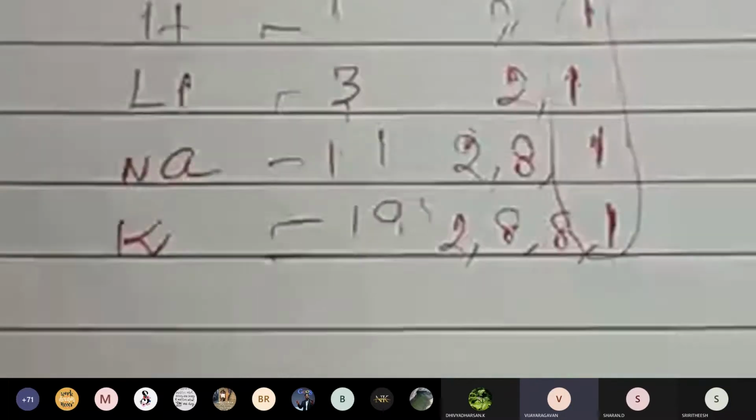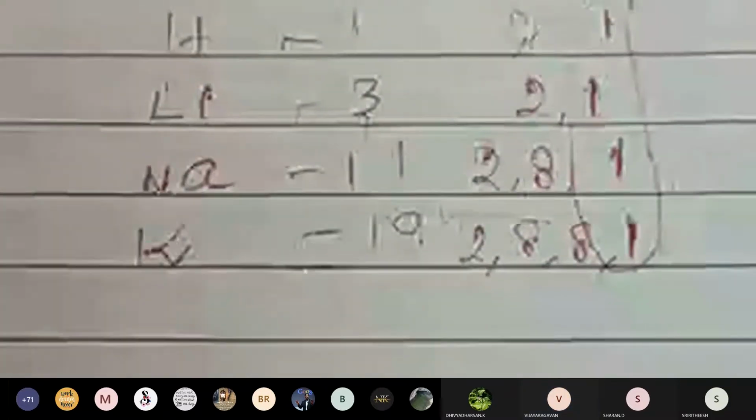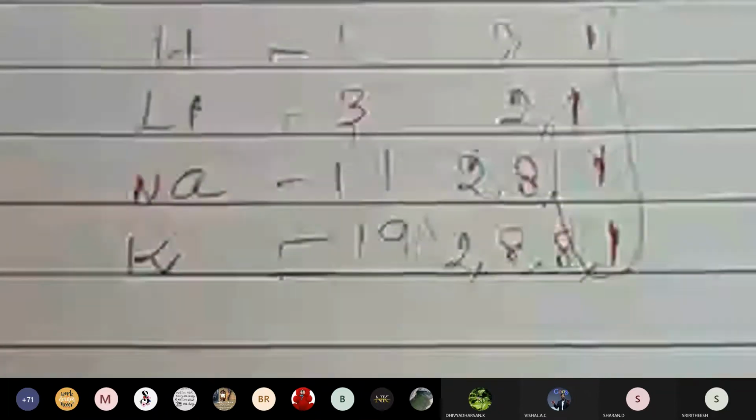Now for finding the period, how many shells are there for hydrogen? Only 1, the K shell. For lithium, how many shells? 2. For sodium, how many shells? 3, K, L and M shells.